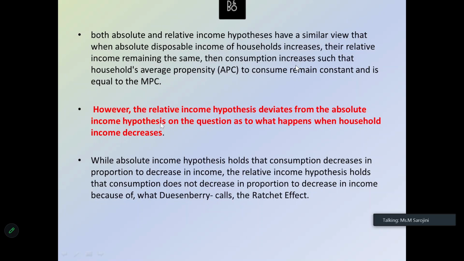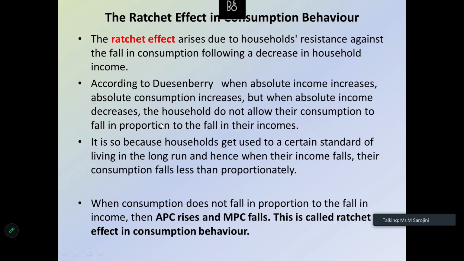Even though their income decreased and the price of the milk powder increased, they never reduce their consumption of Anchor milk powder. Right? That is explained here. That is the ratchet effect also. Right? We can learn the ratchet effect very clearly.